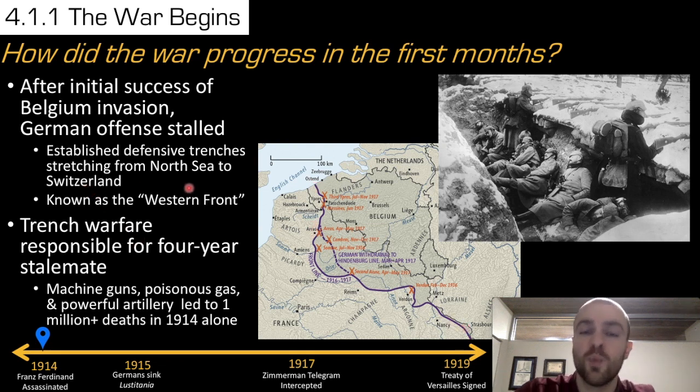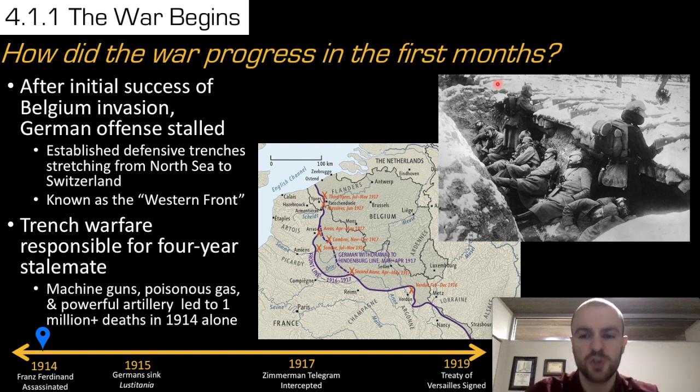So this was known as the Western Front of the war. Trench warfare, as you can see here, was responsible for this 4-year stalemate of the war, where neither side, neither the Allies nor the Central Powers, were gaining all that much ground, because you might gain a few hundred yards, but then your opponent would beat you back a few hundred yards after that.